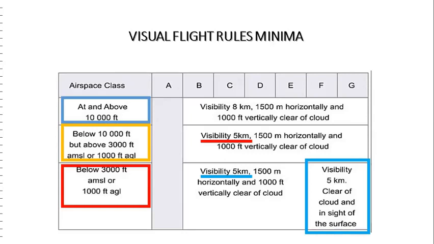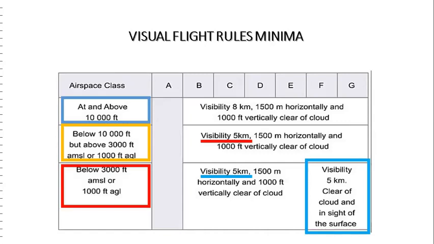Suppose you are below 3,000 feet, you are further close to the terrain. So in this, or 1,000 feet AGL, whichever is higher, this condition is applicable. Whenever you are below 3,000 feet, visibility will remain 5 kilometers below 10,000 feet.